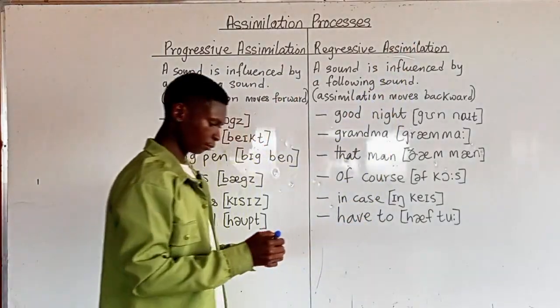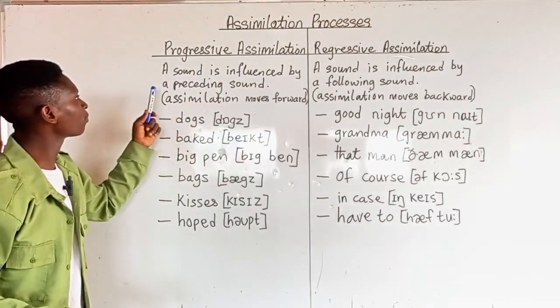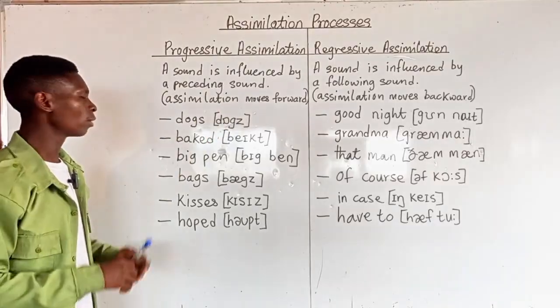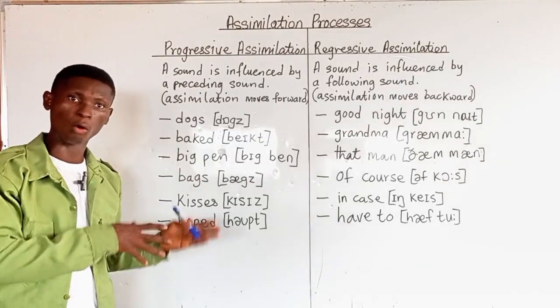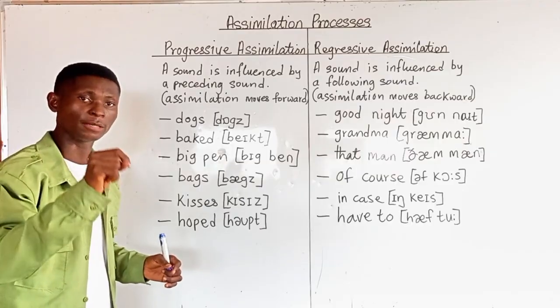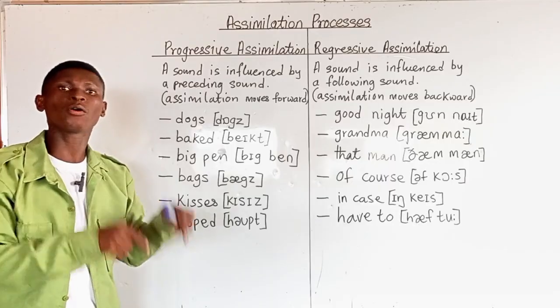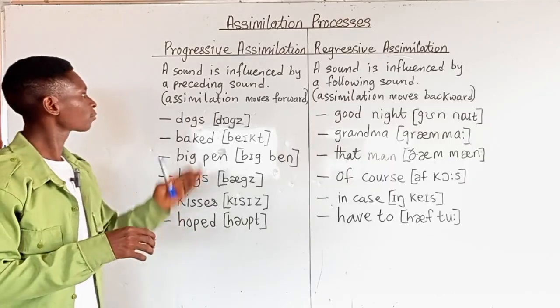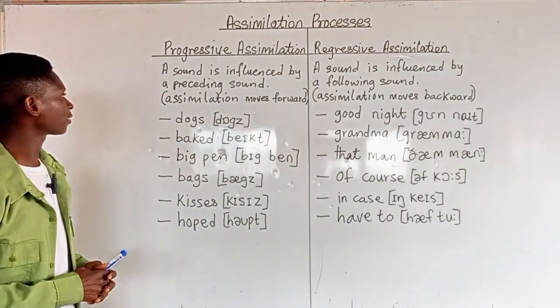All right, so a sound is influenced by a preceding sound. What do we mean by preceding sound? The sound that comes before. So when the sound in front is influenced by the sound that comes before it, then progressive assimilation has taken place.